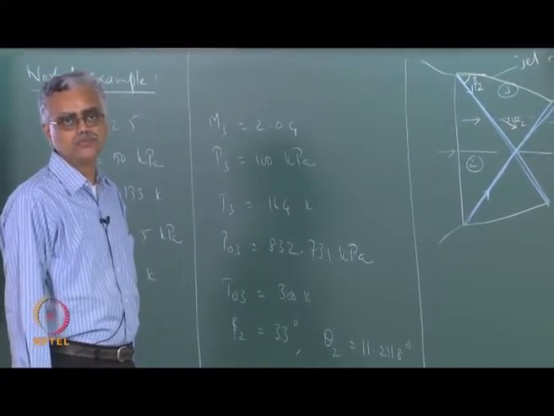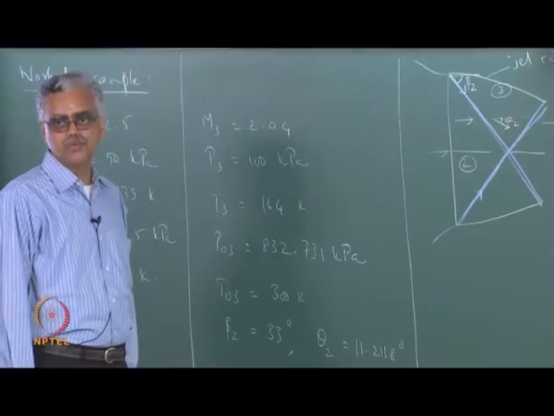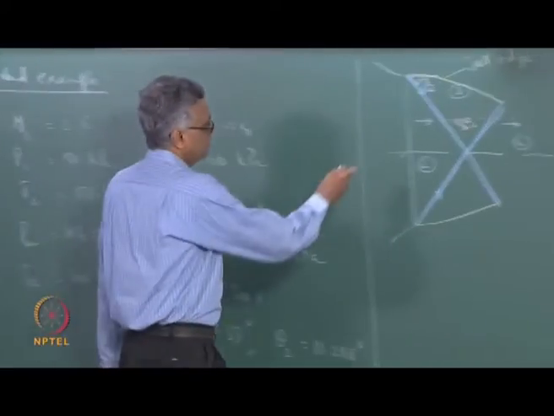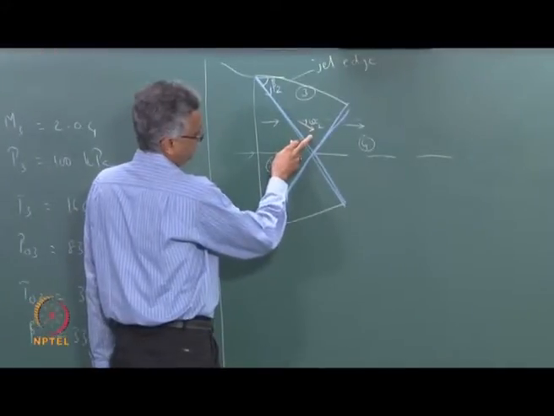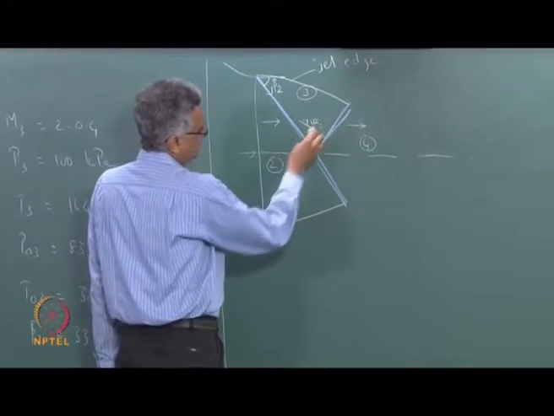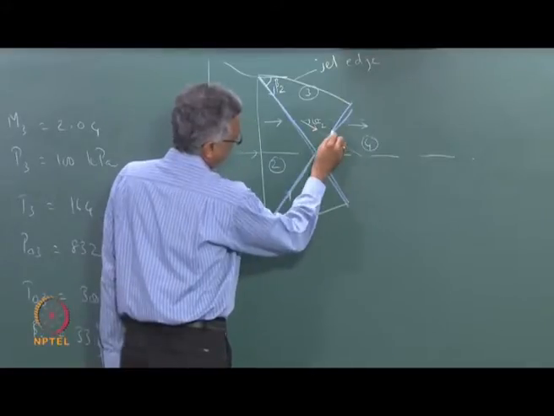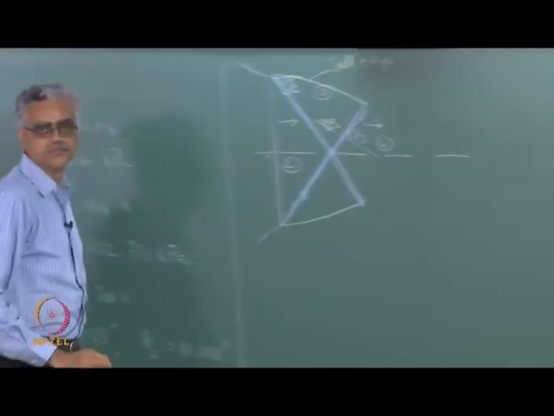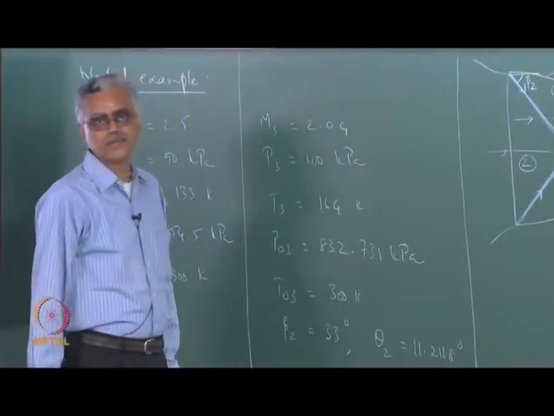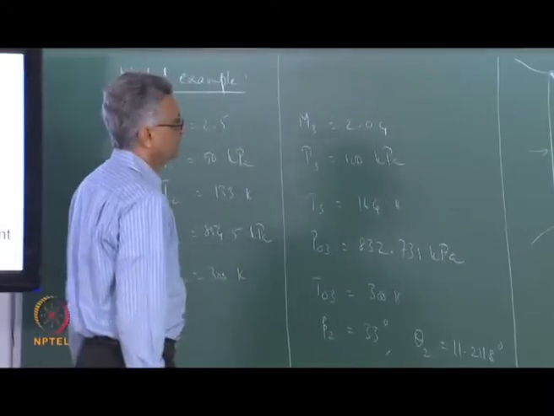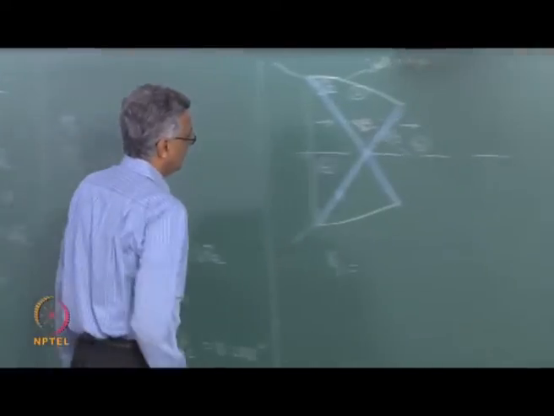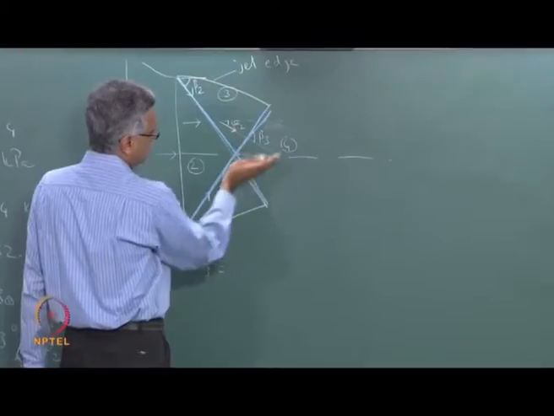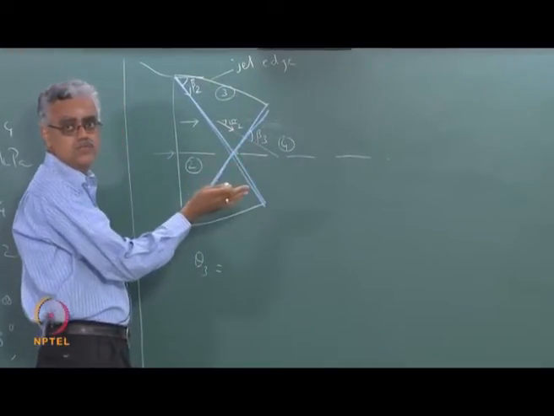What is the wave angle for region 4? Wave angle is measured with respect to the velocity vector ahead of the shock wave. So the velocity vector ahead of the shock wave is inclined like this. So that means the wave angle has to be measured, so this is the wave angle beta 3, correct? The wave angle is clearly known, and in this case we really cannot say that the flow is going to be deflected back to the horizontal.